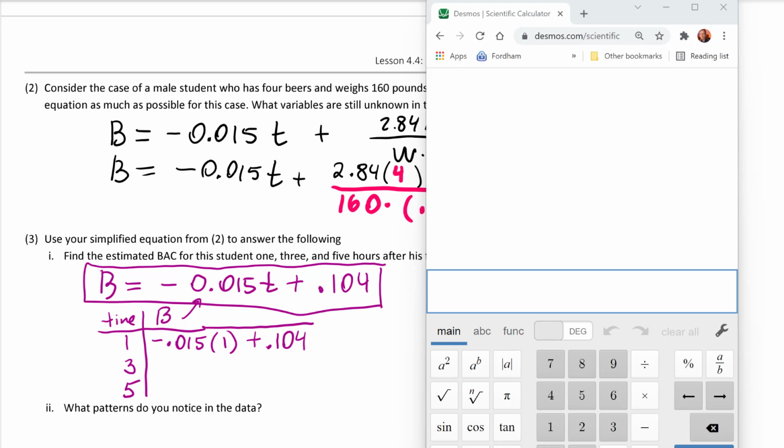So let's begin. We want to put negative 0.015. I like this calculator because I can put exactly what I see as I'm typing it in, and I ensure that it's all correct. Very convenient. Use decimals. So it's 0.089.